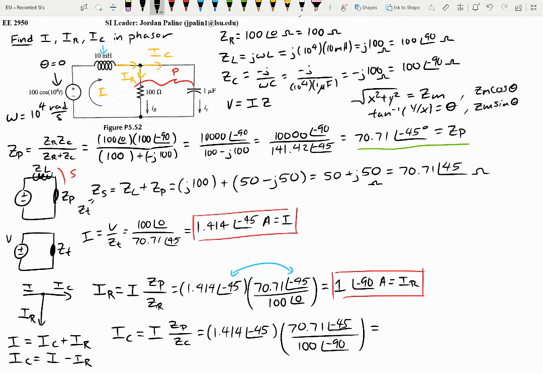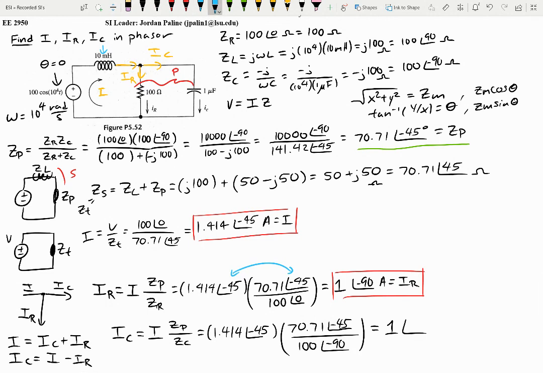So when we do that, we'll get 1 again right there.